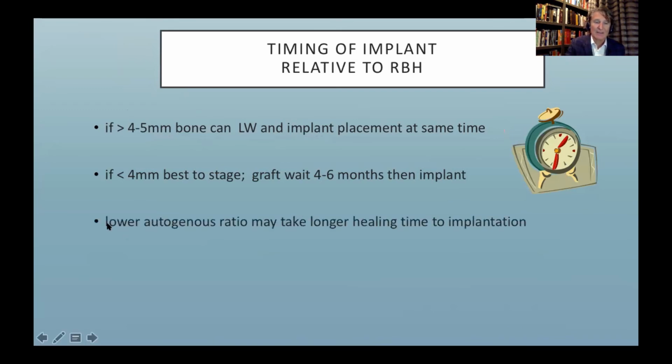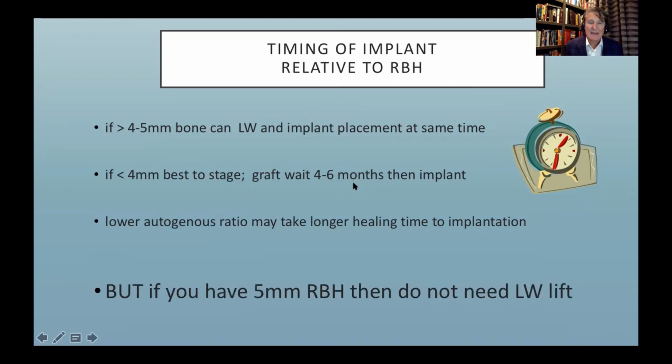Also, the less autogenous, as we mentioned before, the more you want to extend this time. But most importantly, this is an old recommendation, because right now, if you have 5 millimeters of residual bone height, frankly, we don't do a lateral sinus lift. That would be something that would be unnecessary. So we'll go into that later when we look at the osteotome approach.